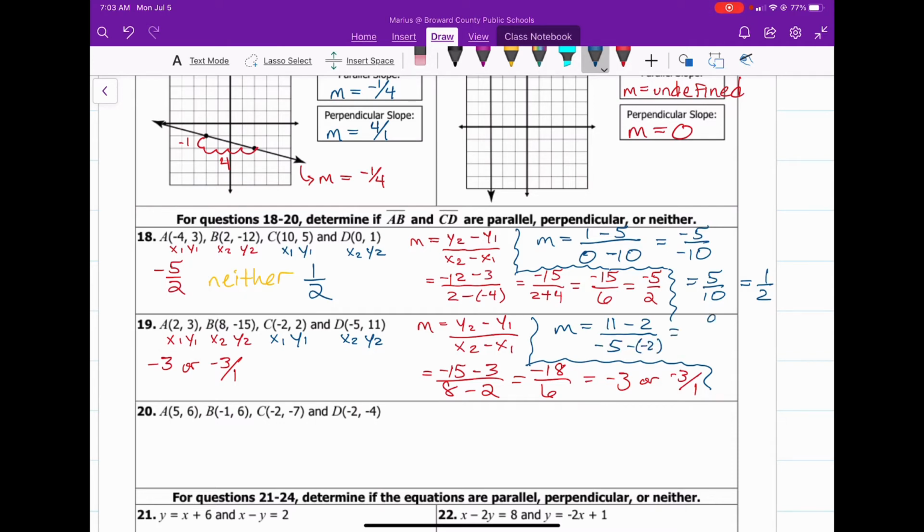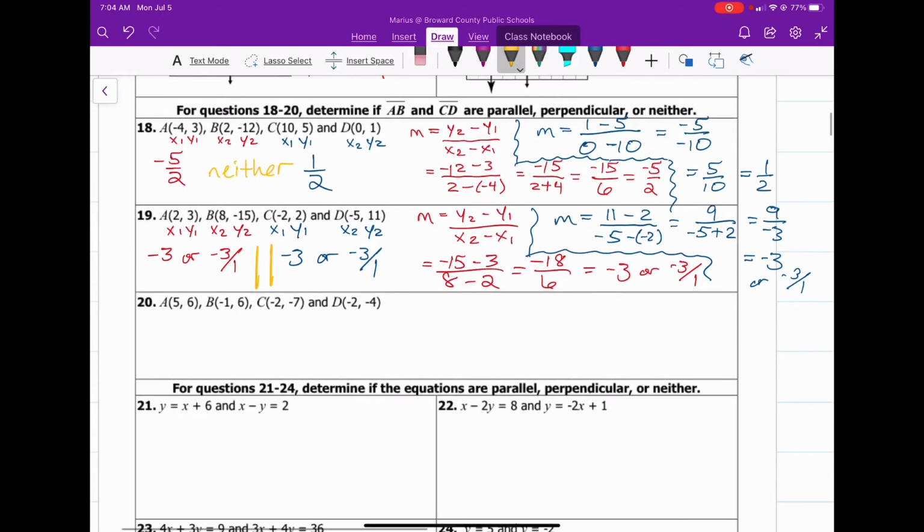That becomes 9 divided by negative 5 plus 2, which becomes 9 divided by negative 3, and that is negative 3, or negative 3 over 1. Both of these would be said to be parallel. Okay, so we use a parallel symbol.